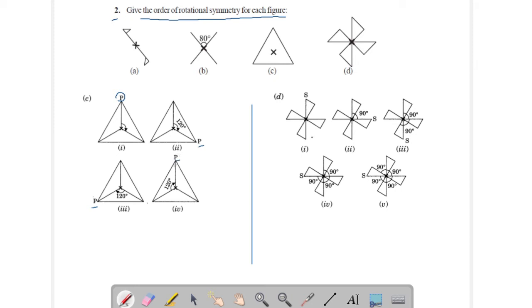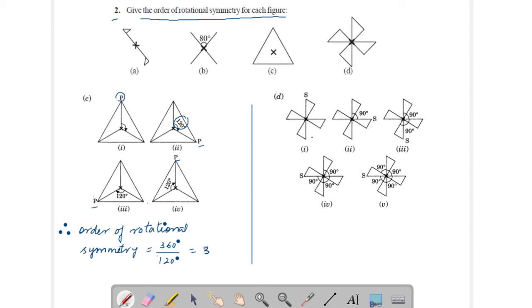This angle is 120 degrees. Therefore, order of rotational symmetry equals 360 degrees upon 120 degrees, and if you solve it, you will get 3. It means order of rotational symmetry in this case is 3.